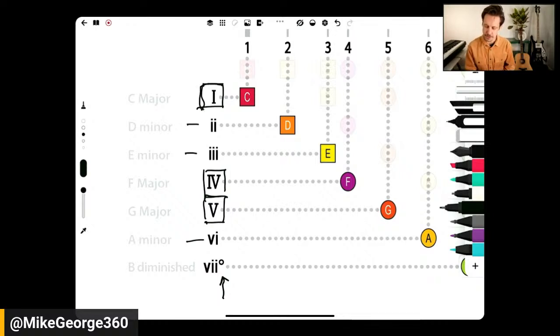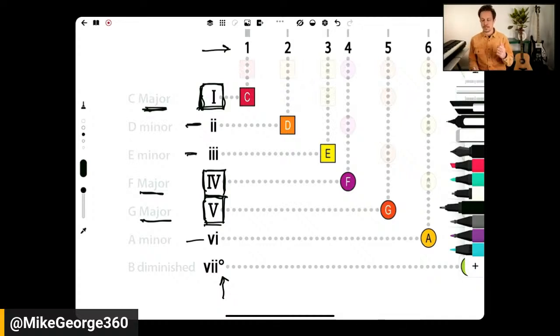The reason that these are capital numerals is because they're the major chords. So there's a subtle distinction between the Roman numerals in the way that they're represented with either uppercase or lowercase letters. That's the thing about Roman numerals, which is cool and distinguishes them from Arabic numerals: because they're alphanumeric, letters that represent numbers, you have the ability to distinguish between uppercase and lowercase, or in this case, major and minor chords.